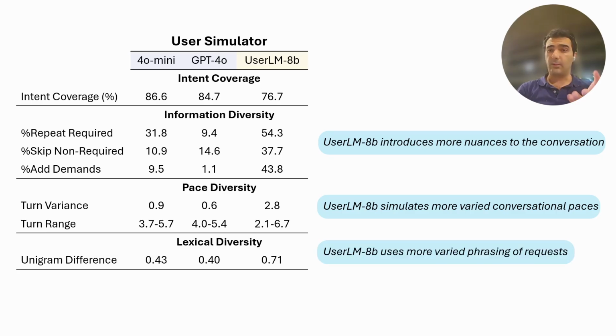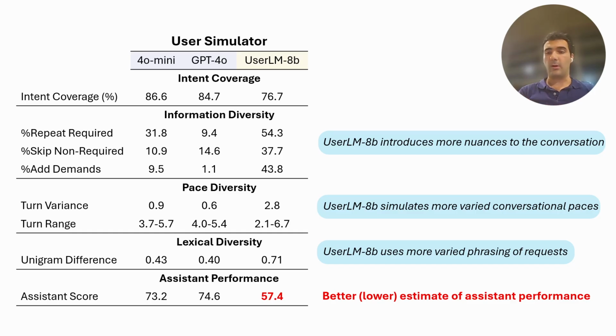And then the lexical diversity, which I explained with the example earlier: we see much more unigram differences from one sampled conversation to the next, even given the same task intent. So the user LM uses much more varied phrasing with each request, and all of this diversity leads the assistant model on the other side to perform much worse on these tasks.